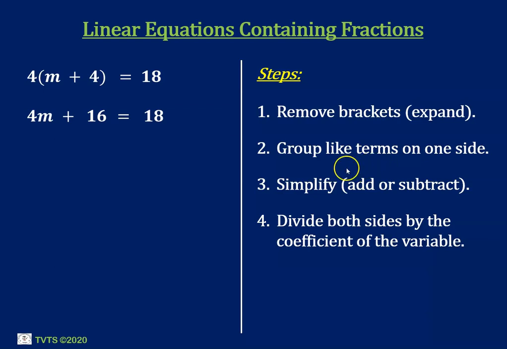So we will maintain 4m on the left-hand side and push 16 to join 18 on the right-hand side. We do so by subtracting 16 from both sides. This produces 4m = 18 - 16.